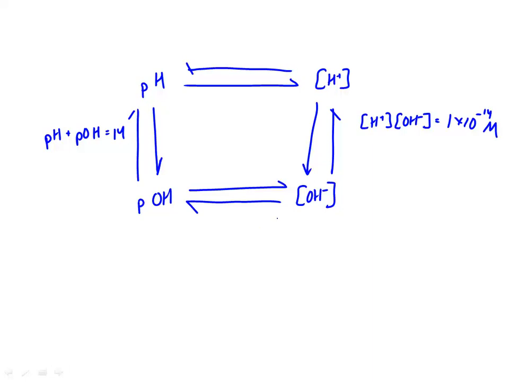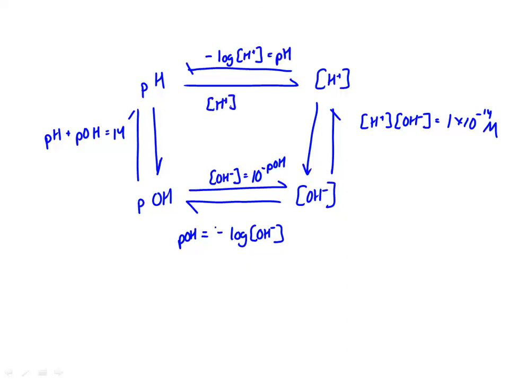Going from OH minus to pOH, pOH equals minus the log of the OH minus concentration, or the concentration of OH minus is equal to 10 to the minus pOH. And going from H plus to pH, pH equals minus the log of the H plus concentration, or the concentration of H plus is equal to 10 to the minus pH.